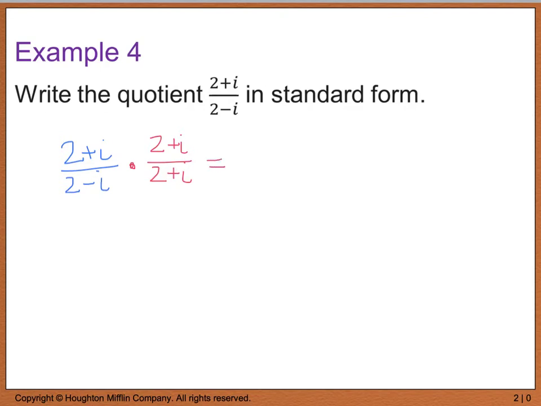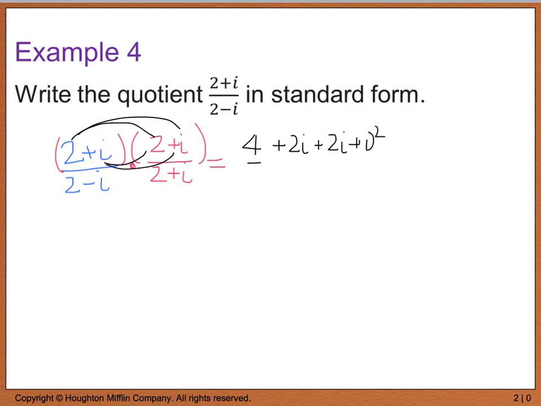Now I'm really multiplying two fractions. So in the numerator, I have a standard foiling problem. So this is going to give me 4 plus 2i, then I have another 2i, and then a plus i squared. And we're going to do the same thing in the denominator.